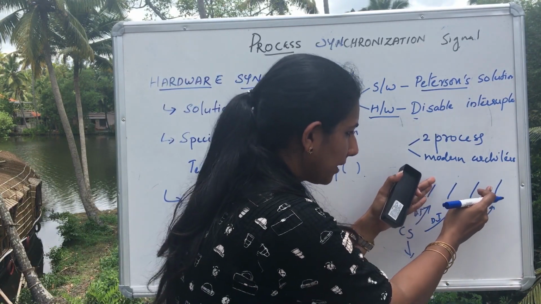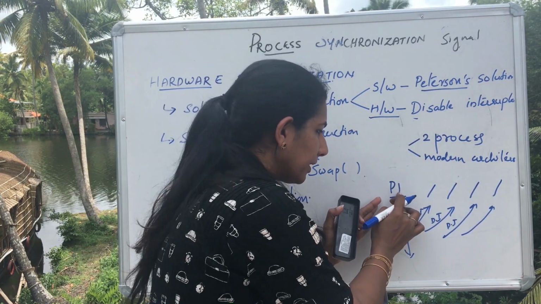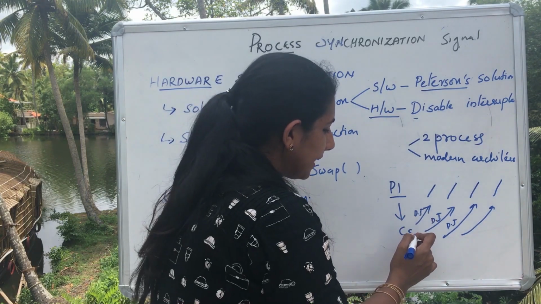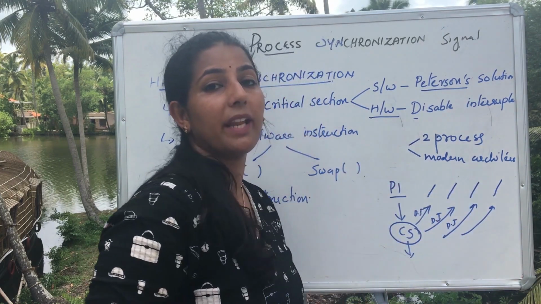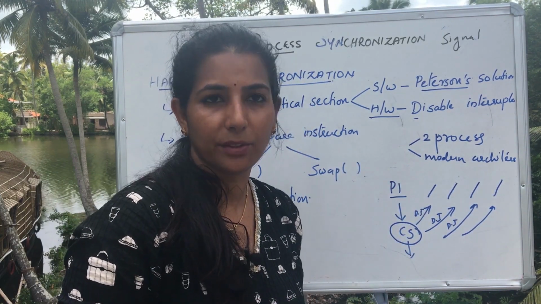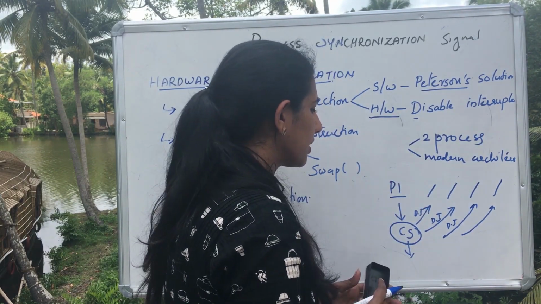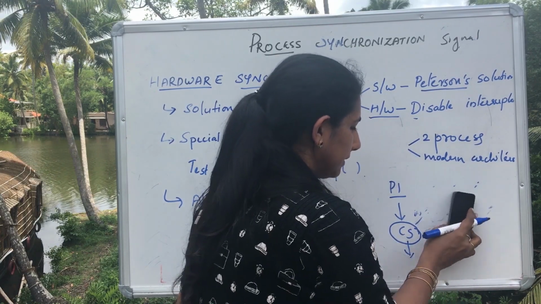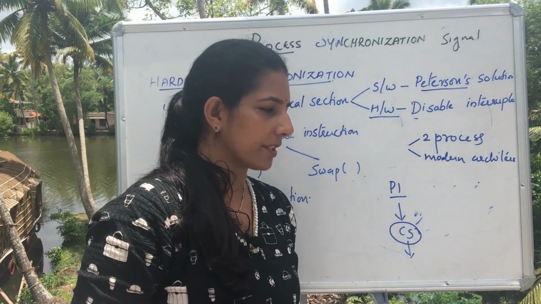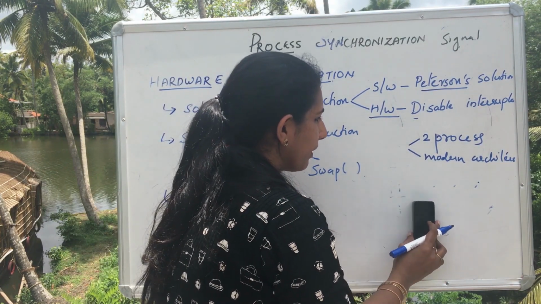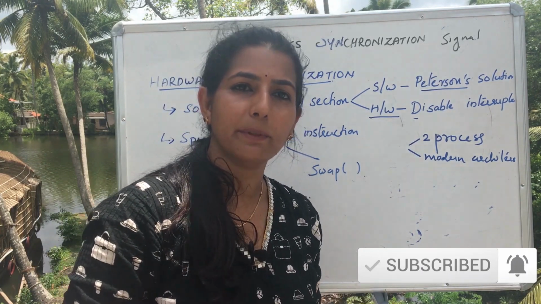The message has to reach the other processes to disable their interrupts, so that P1 is not preempted, and the entry to the critical section is delayed, because the message has to be delivered and the acknowledgement has to come back before P1 can enter the critical section. Also, when P1 is executing the critical section, I am disabling all the interrupts, including the system interrupts. The updating of time etc. will be affected. So I cannot go for a solution where I disable interrupts in a multiprocessor system. That is not at all a feasible solution.